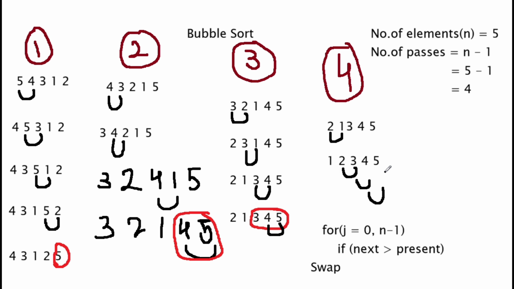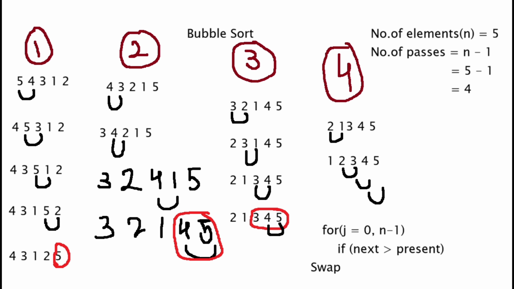Now if you carefully observe here, in bubble sort we did the basic programming, like the number of elements will be 5 and passes will be 5 minus 1, that is 4. We took simply two for loops, and we swap if the first element is greater than the second element, right?